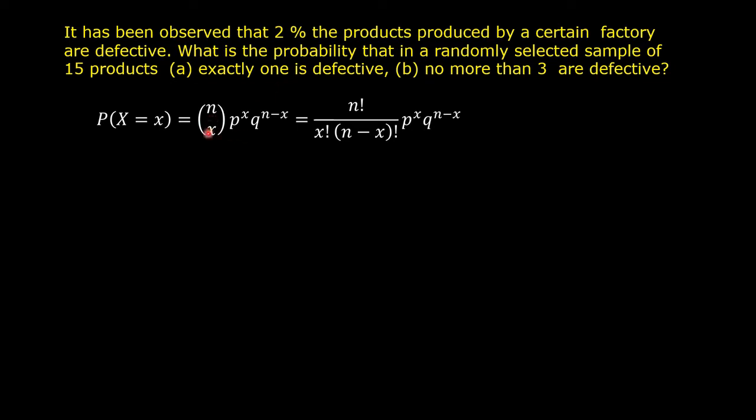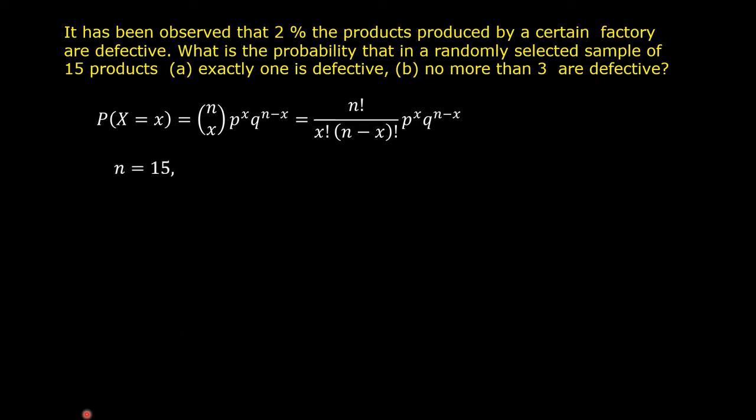N choose x is a combination formula you can see in algebra books as nCr. This is equal to n factorial over x factorial times n minus x factorial.